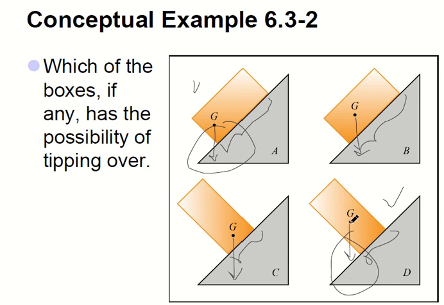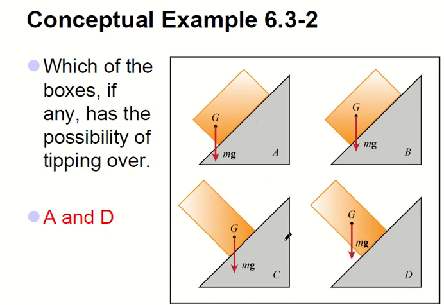So this force can pull it down, and it will tip over. Okay, so let's go down: E and D are going to tip over. This one will not, because it has a bigger support, and this is a smaller support.